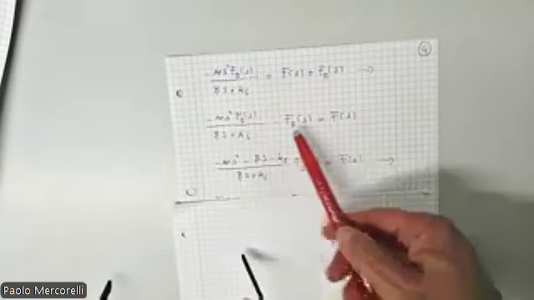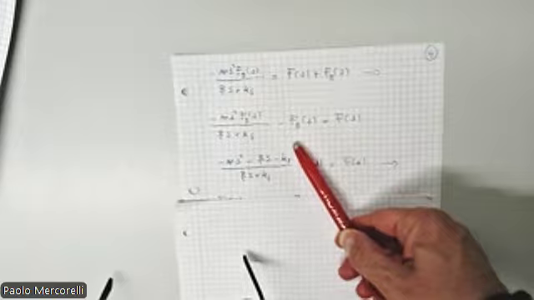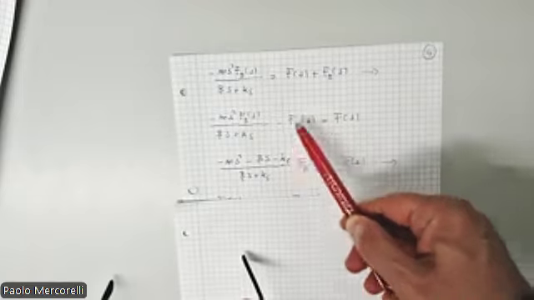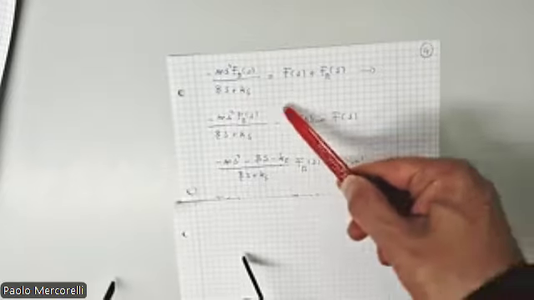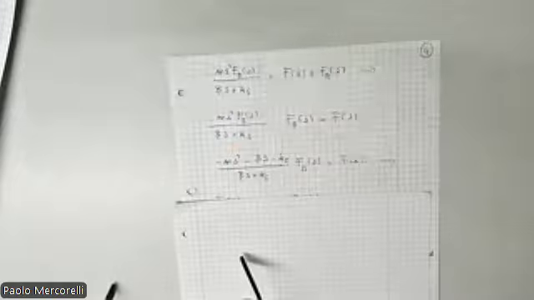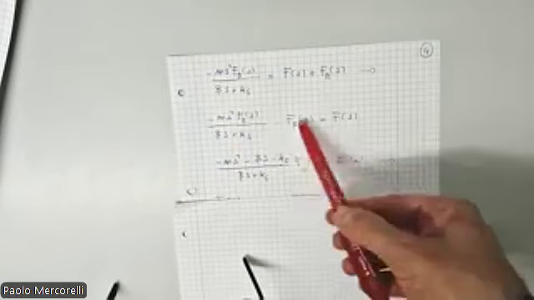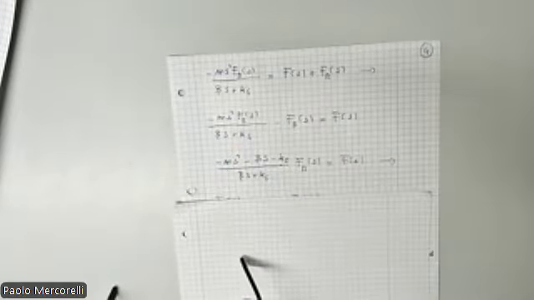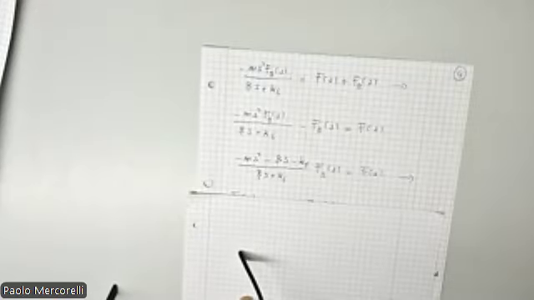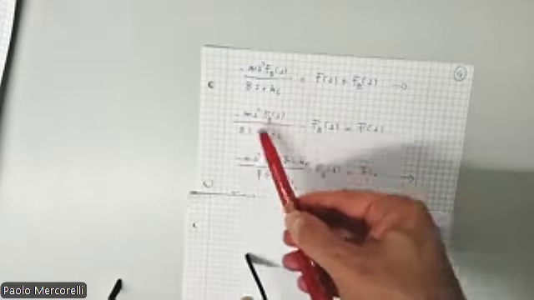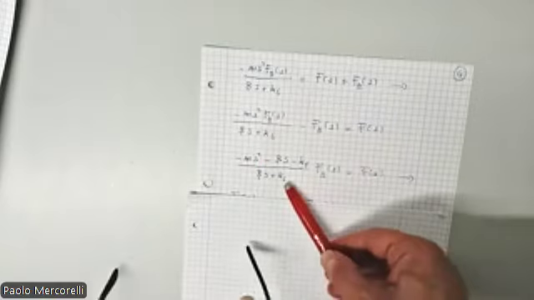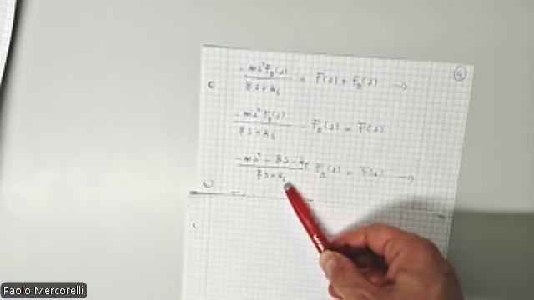I put here the common denominator. If you multiply this by beta s plus ks, and I divide this by beta s plus ks, I didn't change anything. I can always multiply numerator and denominator by the same thing. And then I put in evidence Fr between this and beta s plus ks. And I have this.